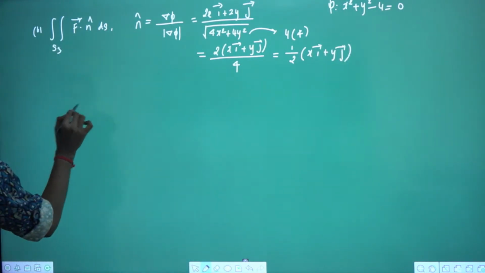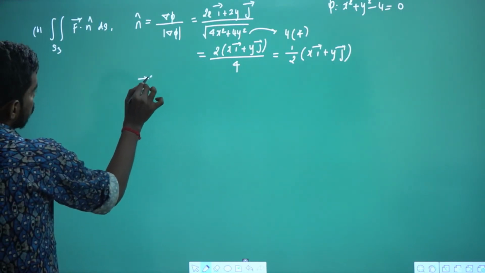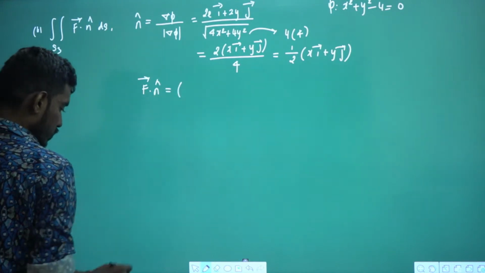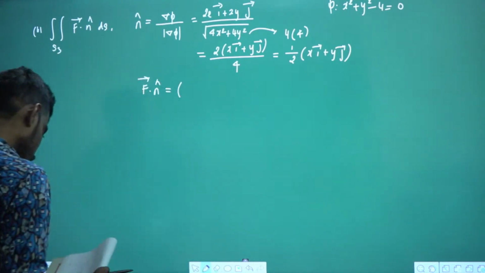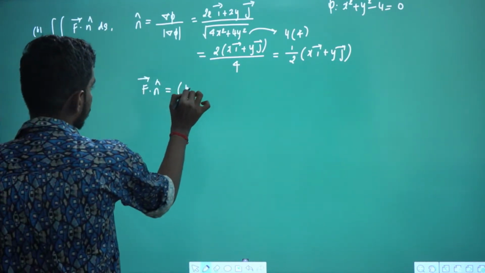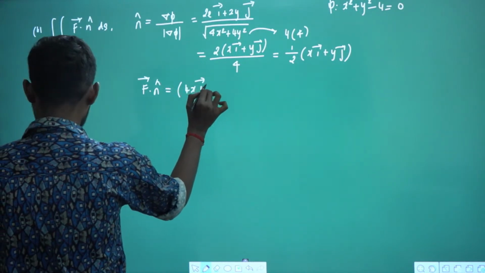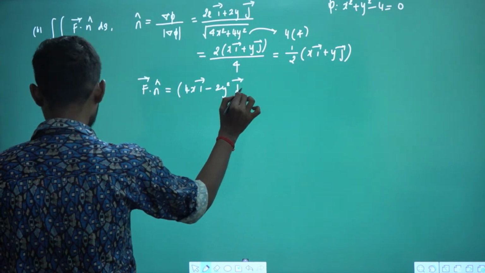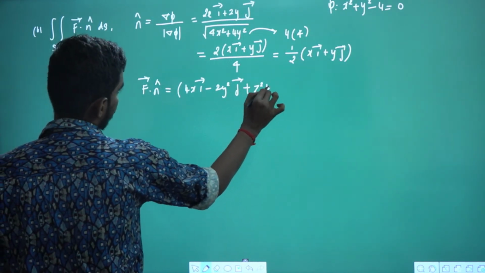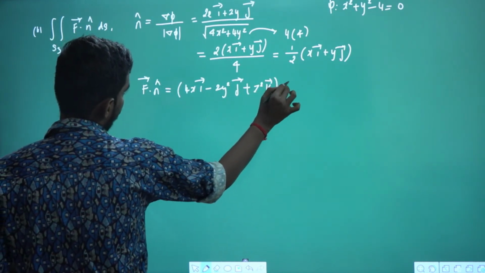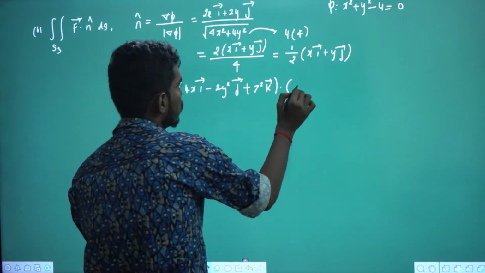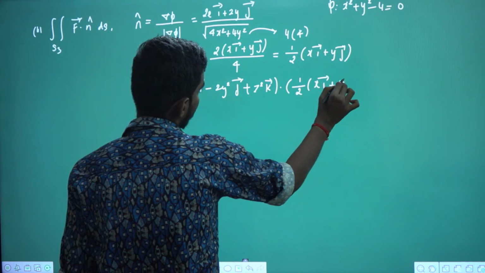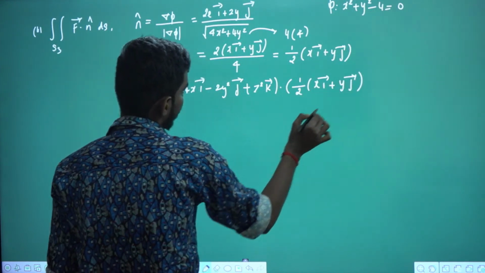Now what is f vector dot n cap? What is f? This is given in the question. So f is 4x i vector minus 2y square j vector plus z square k vector, dot n cap, which is 1 by 2 xi plus yj.